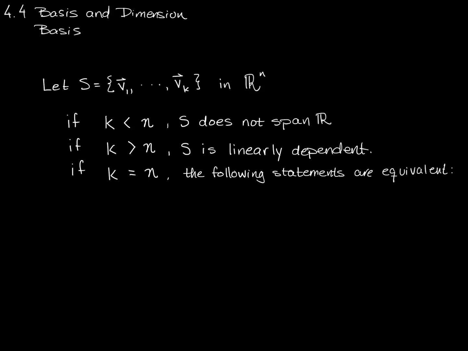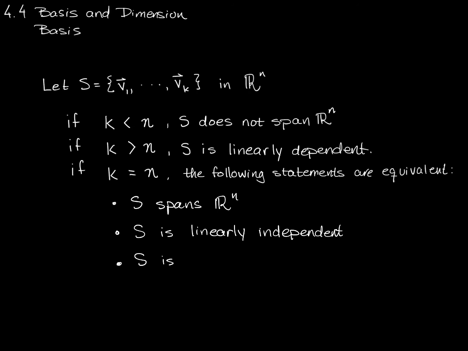We can't make that assumption, but what we can say is that if we know that S spans Rn, we can also assume that S is linearly independent. And we can say that S is a basis for Rn.